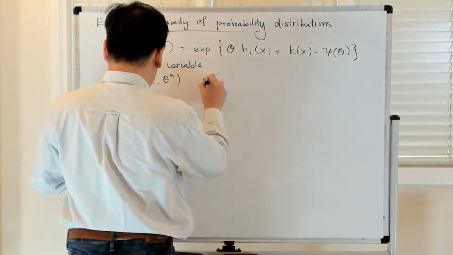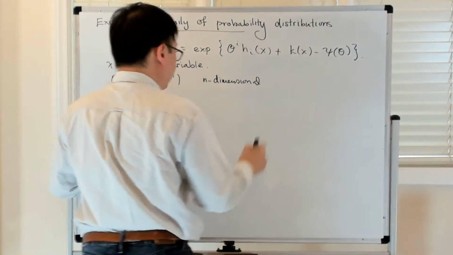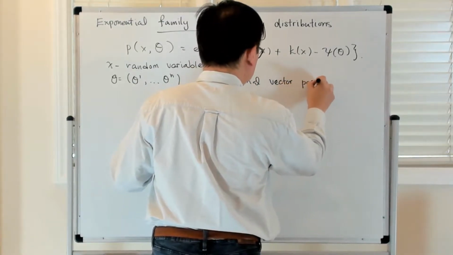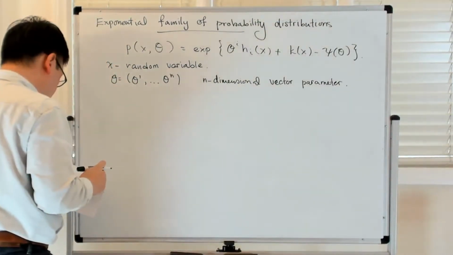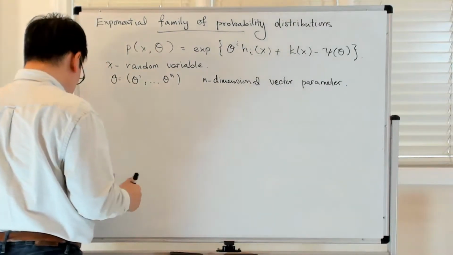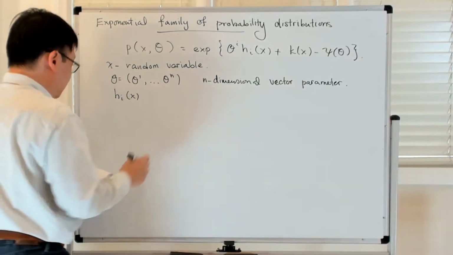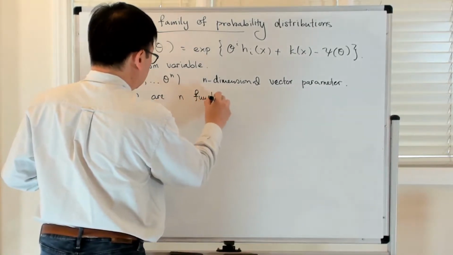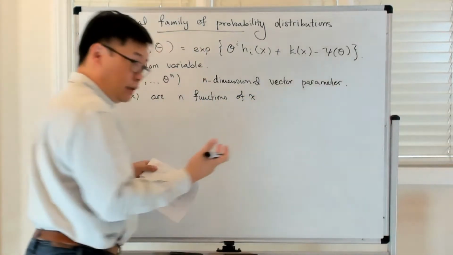So it's an n-dimensional vector parameter, which specifies which specific distribution you're talking about, right? h_i(x), right, are n functions of x, which are linearly independent.